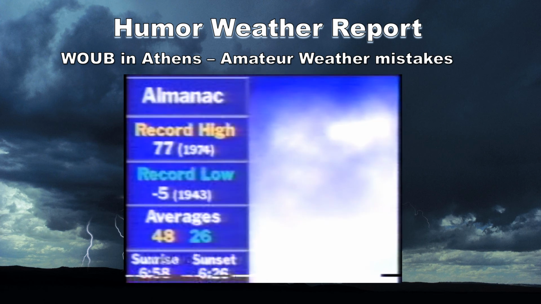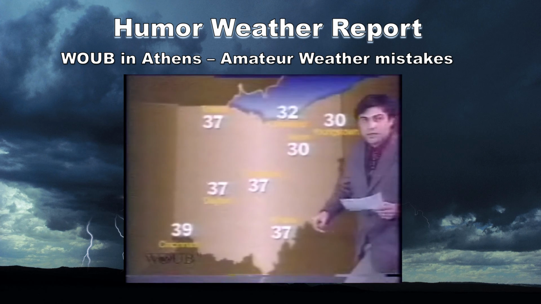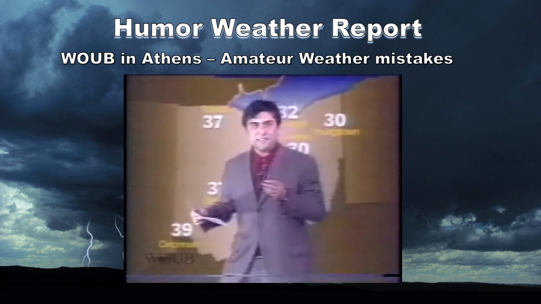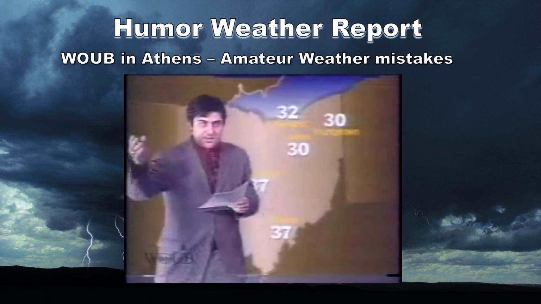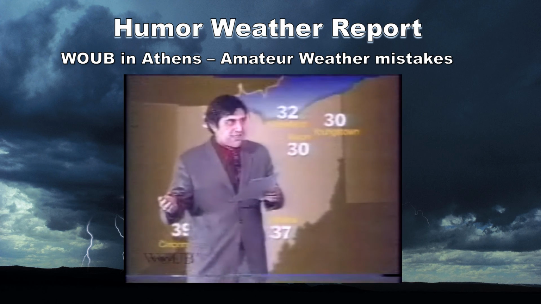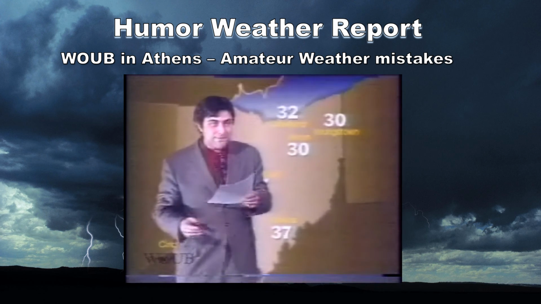Okay, in Athens, the temperature, as I said before, is 37 degrees, and you could clearly see a straight shot in a northwest direction, with Columbus standing at 37 degrees and Cleveland at 32 degrees, and Toledo is at 37.